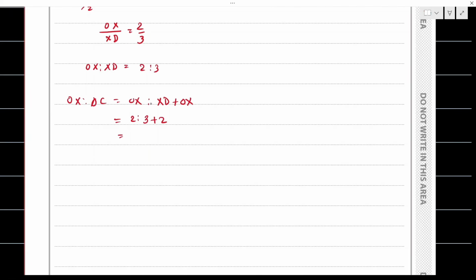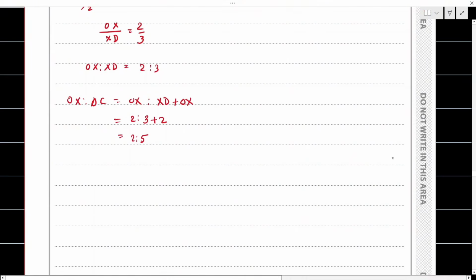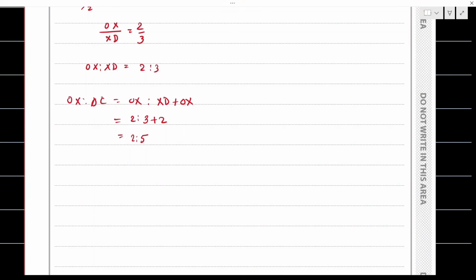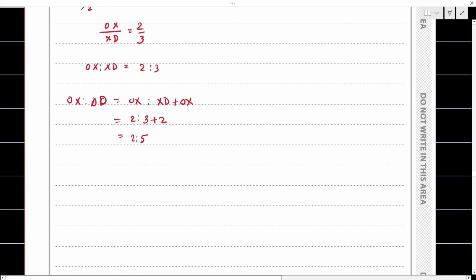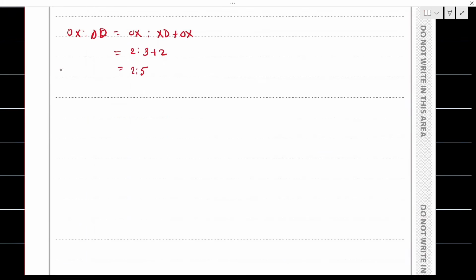OD can be written as XD plus OX. So I'm substituting the values of XD and OX into our ratio, and this gives us 2:5. What we see from here is that the ratio of OX with OD is equal to 2:5. So OD will be equal to 5 by 2 OX. So the vector OD will be equal to 5 by 2 into our OX vector.